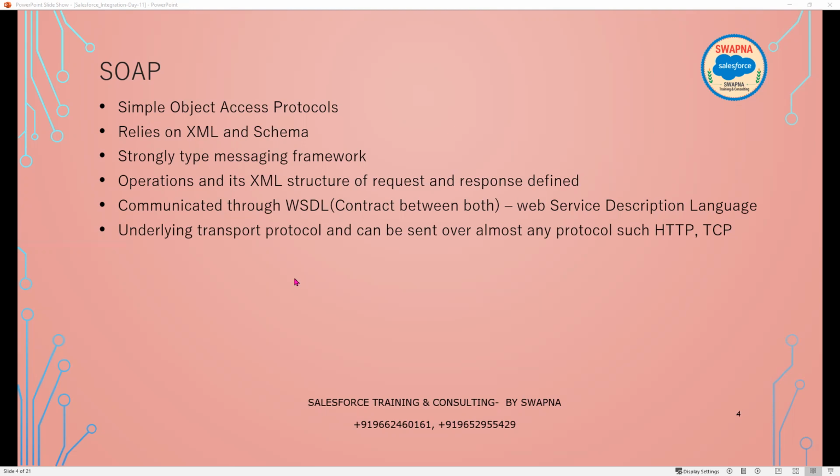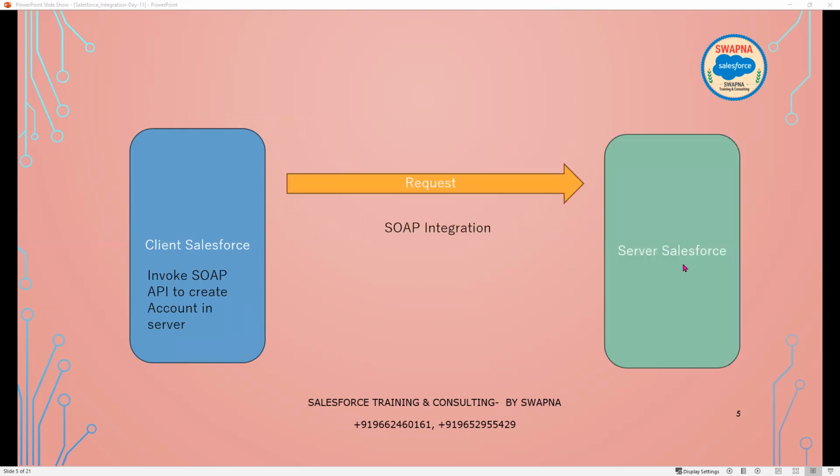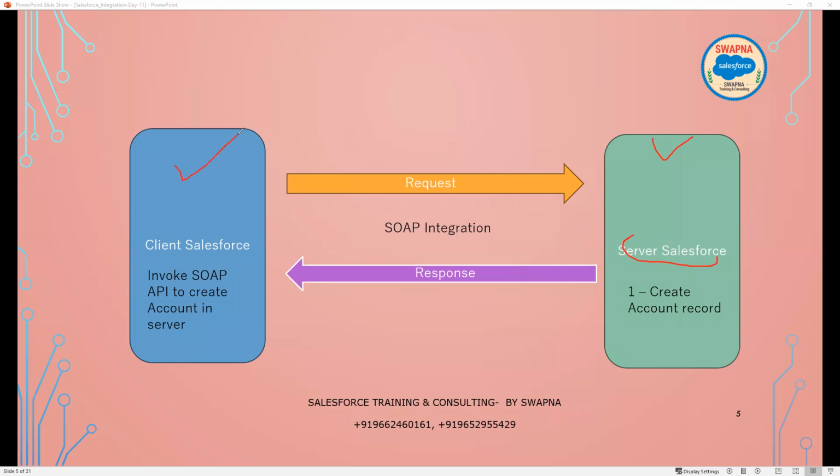Now what we are going to do is, I have a client Salesforce, and I'm going to invoke a SOAP API. For example, right now I have a server. Both sides are Salesforce.